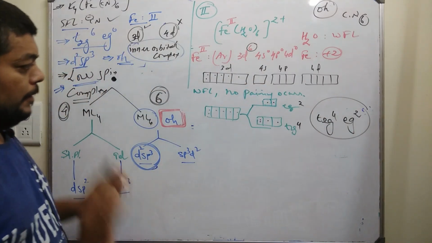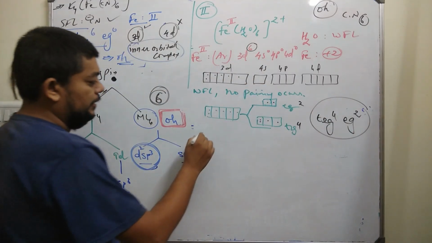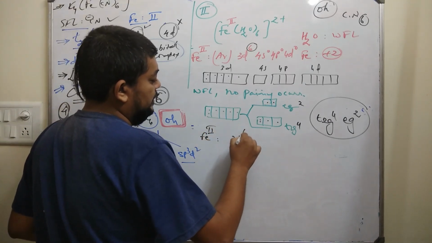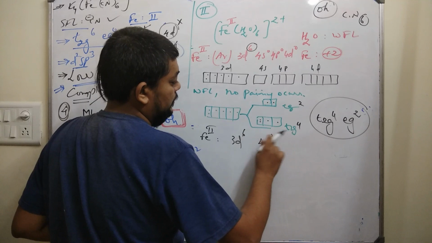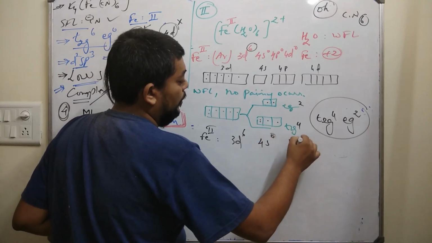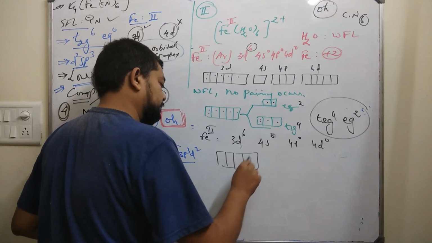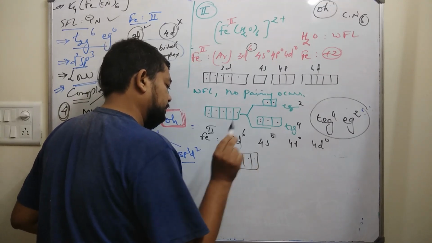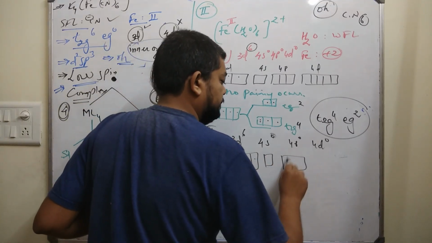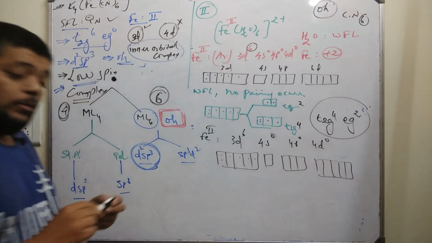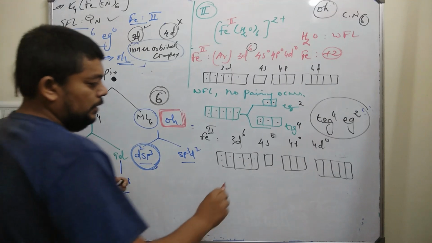And therefore, it is as such written again with no pairing. Therefore, it's 3d6, 4s0, 4p0 and 4d0. I have seen many different papers where questions from this topic come.